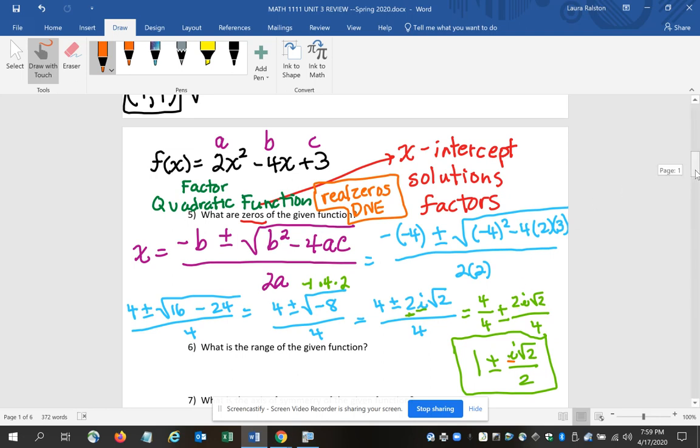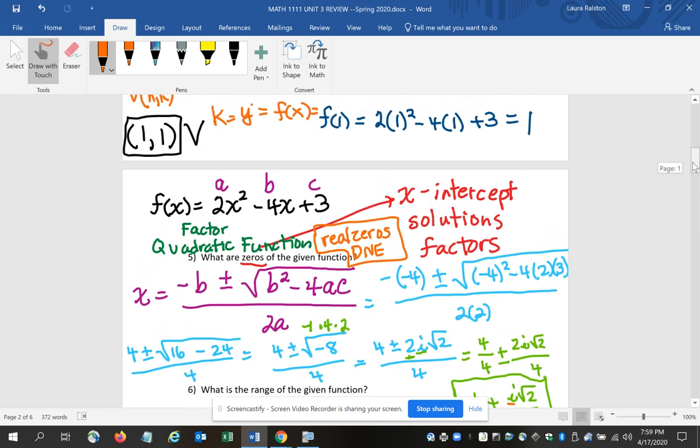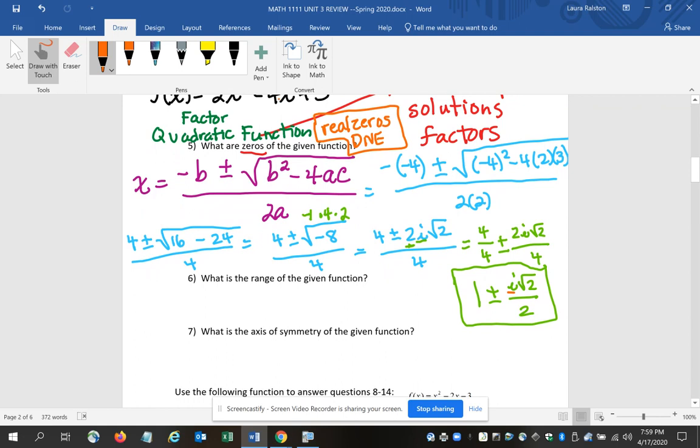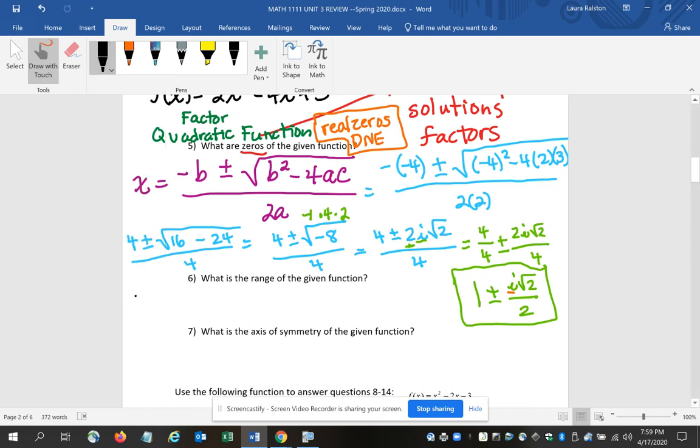Still looking at that same question, question 6 says, what is the range of the given function? So I need to go back up here just a minute because I need my vertex. I'm going to rough sketch here. I know that my parabola is going to open upward and that my vertex is at (1, 1).